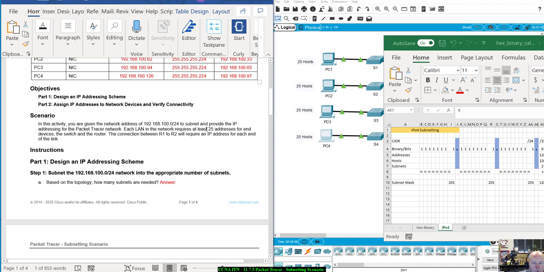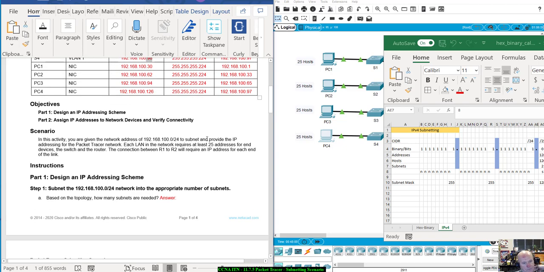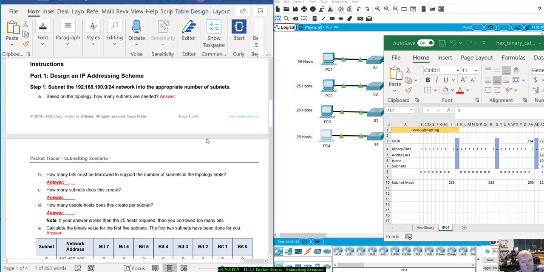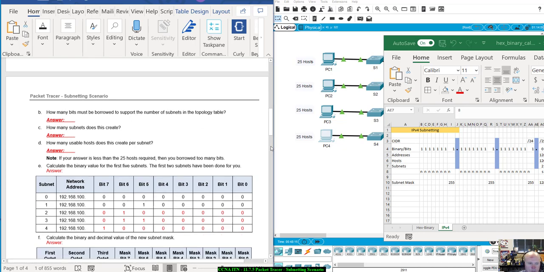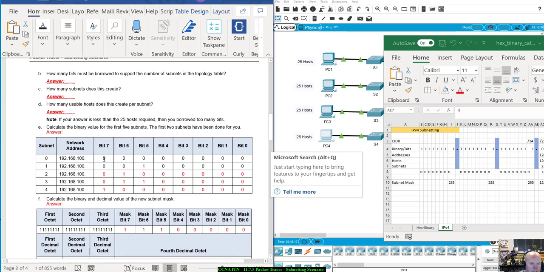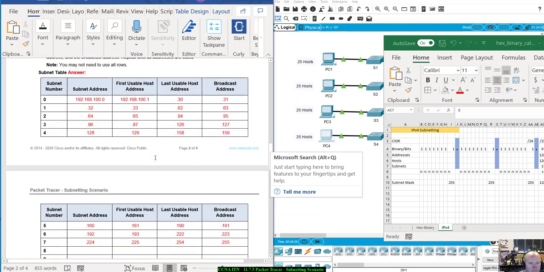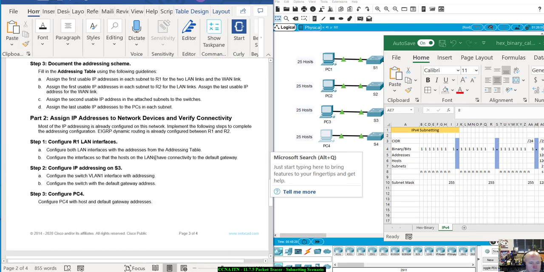Each LAN requires at least 25 addresses for end devices and the switch to the router. You could have done it with 2 bits, but they steered you in. If you borrowed 2 bits, this number would never be a 1 for the borrowed bits. That's how that ended up.